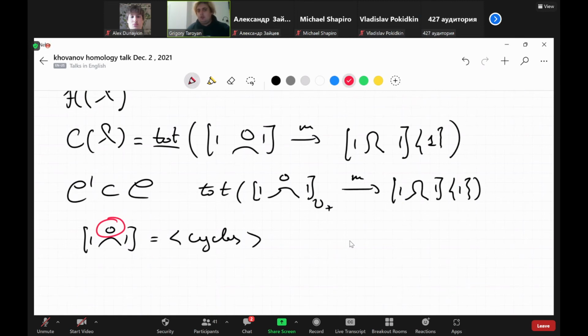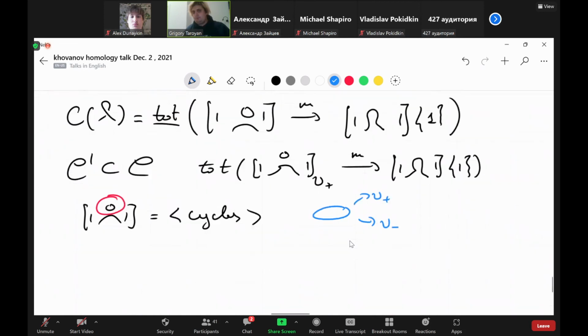And this cycle should correspond to V plus in a subspace, which we denote by these square brackets, sub V plus. So once again, this Khovanov bracket is a vector space which is spanned by marked cycles. So to each cycle, we give a marking either V plus or V minus. So we can have both, of course.